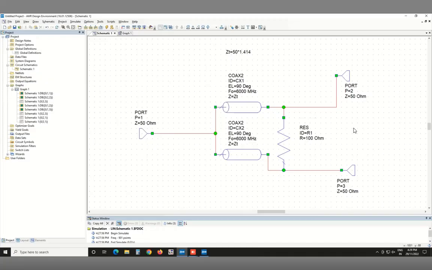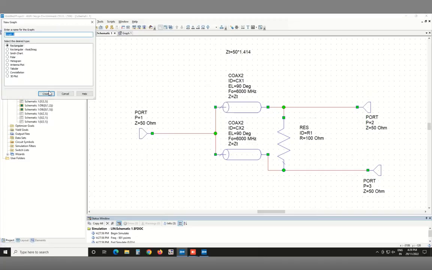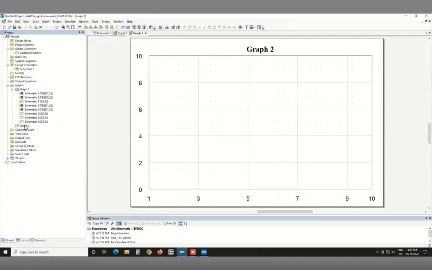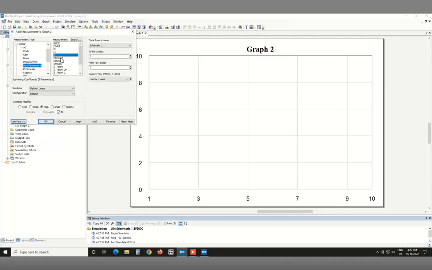Let me try something. I'm going to make a new graph and show you a new type of measurement.